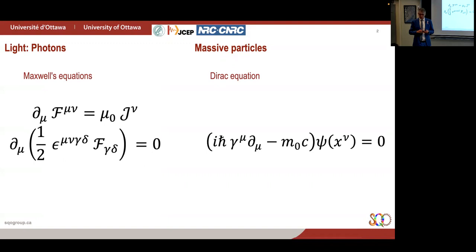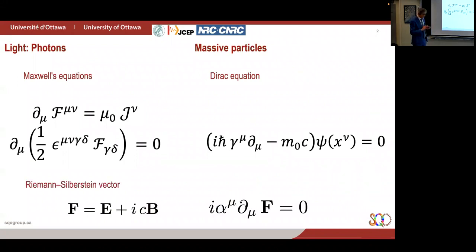Well, I'm very well aware that the photon's electric field is not a solution to the Schrodinger equation. But if you introduce a Riemann-Silberstein vector, where you take the electric field and magnetic field to be the real and imaginary part of a vector, which we call F, then you can simply write the Maxwell equation in this way. For colleagues that are online, I can write it in this way, okay?